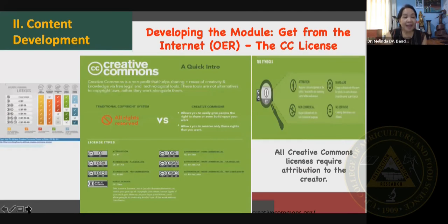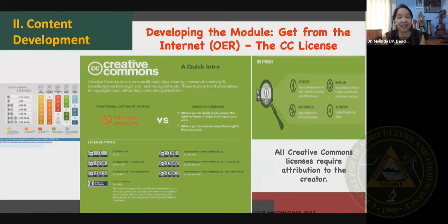Okay, so again, this is just to give you a glimpse of materials licensed under Creative Commons. You just have to look at these different symbols, and they will guide you on how you can use the materials.